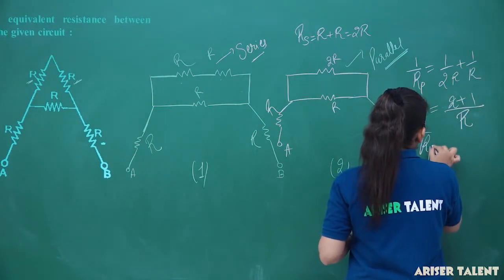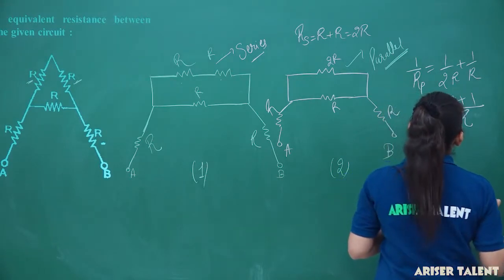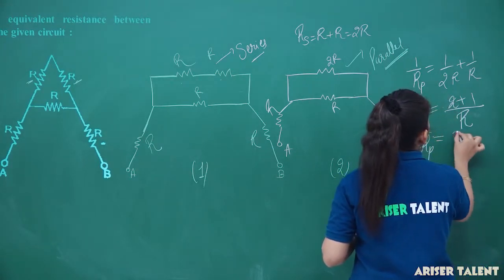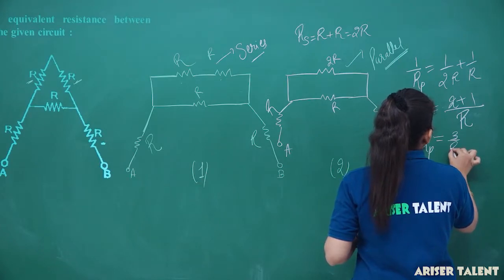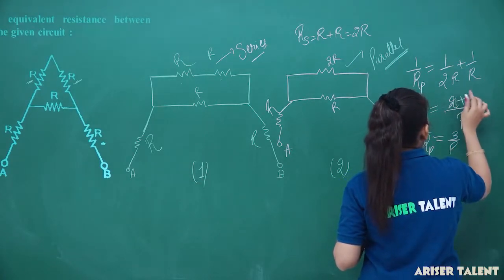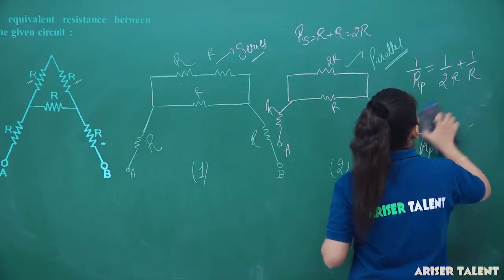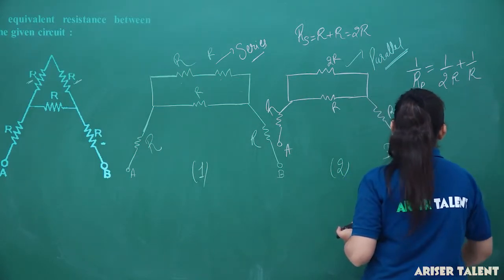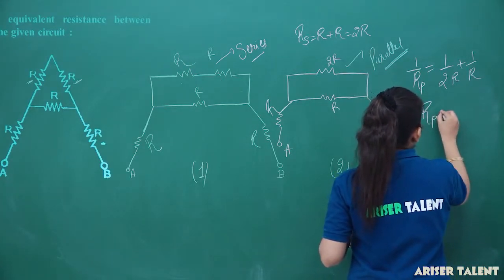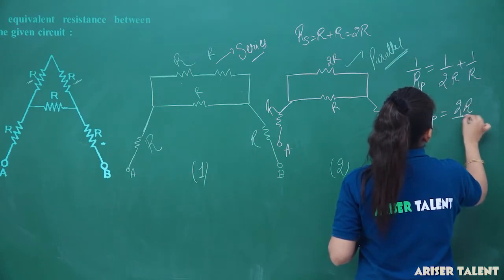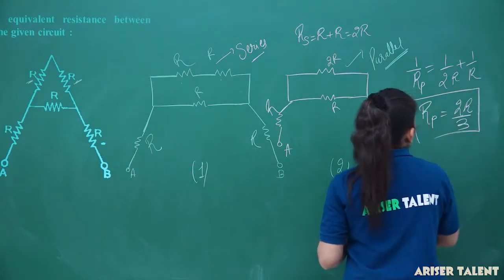So, 1 upon Rp will be equal to 3 upon 2R. Rp came out to be 2R by 3.